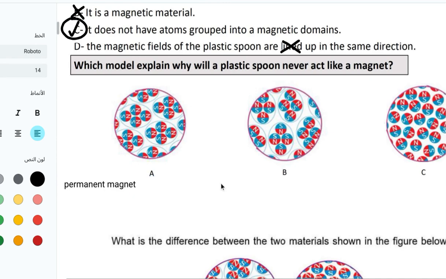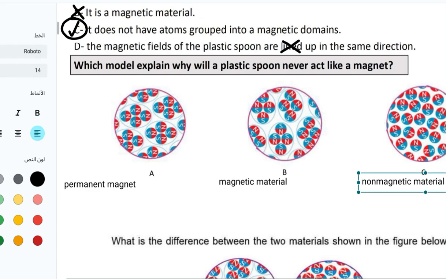Here, B, it has magnetic domains, but they are all facing in different directions. So we're going to call this a magnetic material. Now looking at C, C does not have any magnetic domains with a random arrangement, so this is a non-magnetic material.